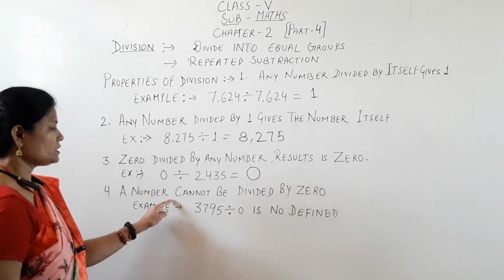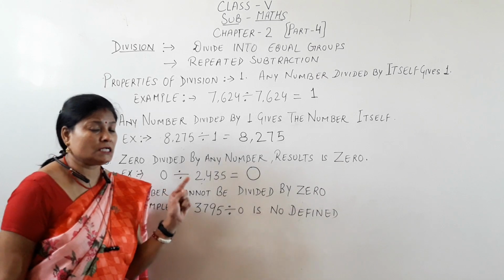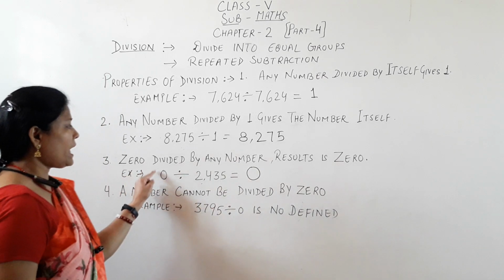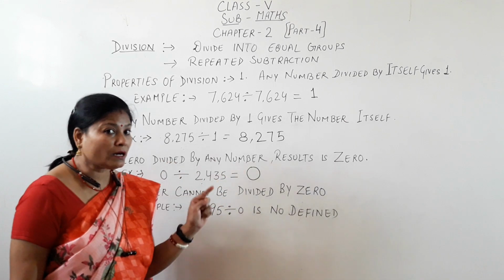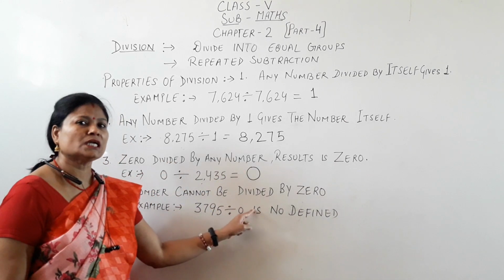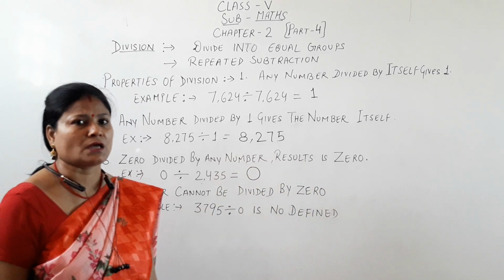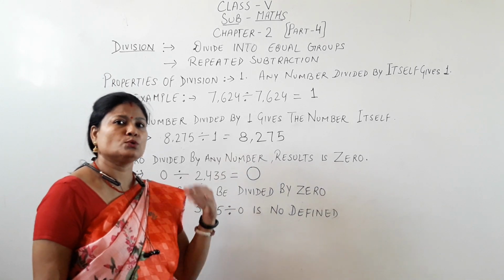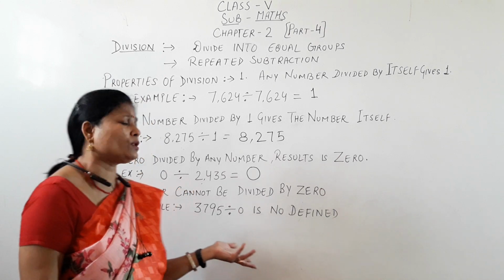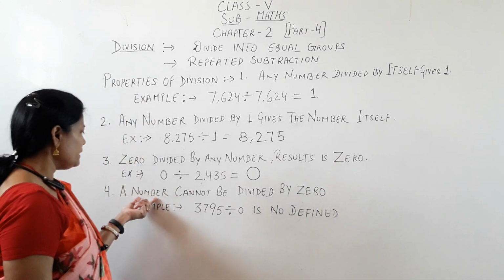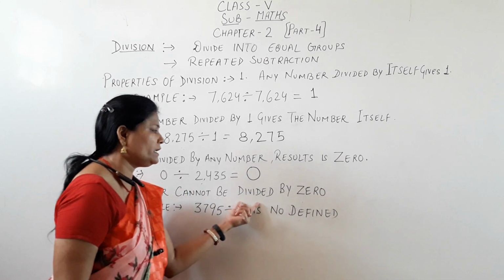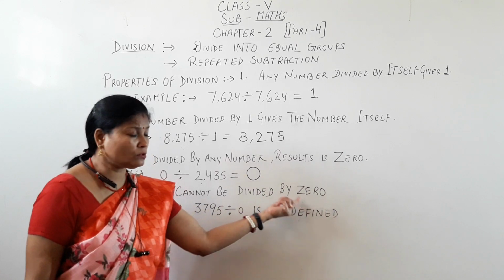Now move to the fourth. This is a very important property. Children, see, 0 can be a numerator but 0 cannot be a denominator. Means 0 can never be a divisor. 0 can't be divided into anything because 0 is a 0. So my fourth property: a number cannot be divided by 0. Why?